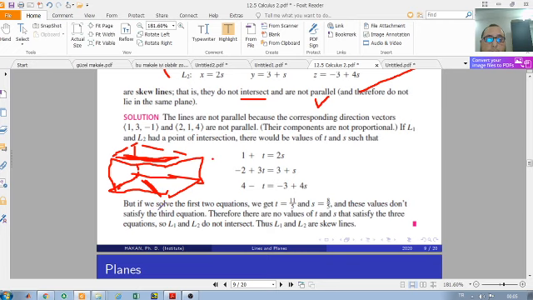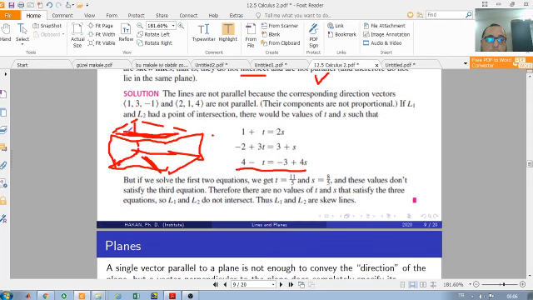But if we solve the first two equations, we get t equal to 11 over 5 and s equal to 8 over 5. These values don't satisfy the third equation. To get a common solution, all of them should be satisfied. Therefore, there are no values of t and s that satisfy the three equations, which means they do not intersect. So L1 and L2 are skew lines like this.